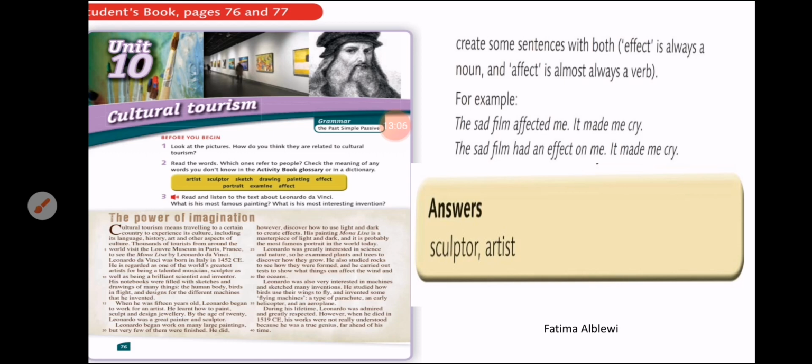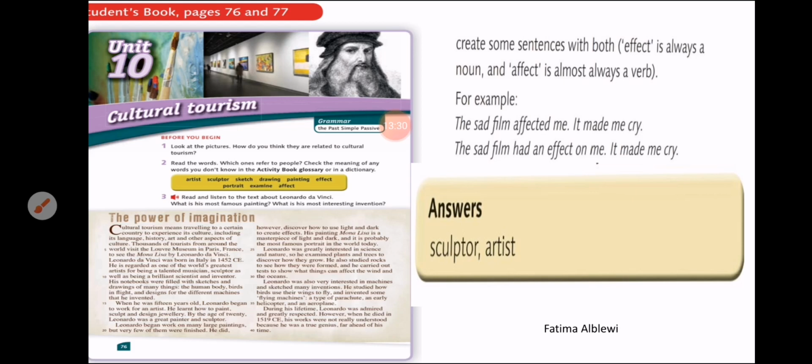However, when he died in 1519 Common Era, then when did he die? He died in 1519 Common Era. His works were not really understood because he was a true genius. What does genius mean? Clever. Yeah.